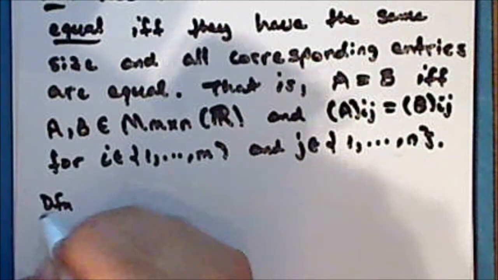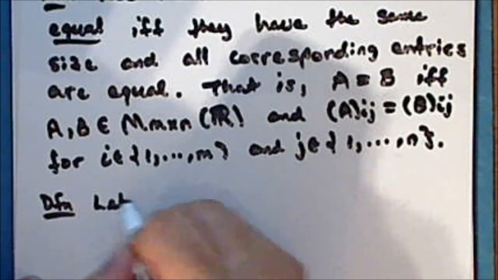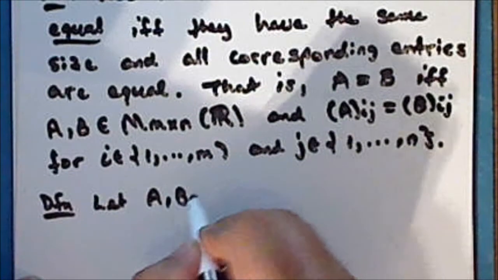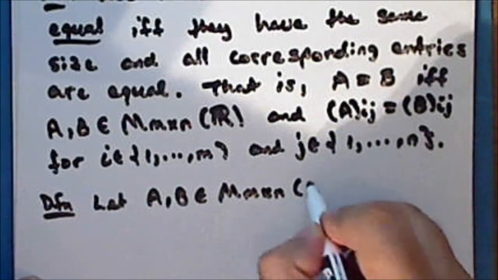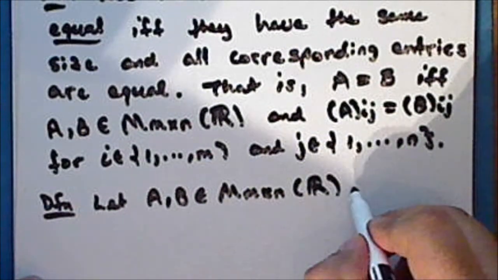So, new definition. Let A and B be M by N matrices with real entries.